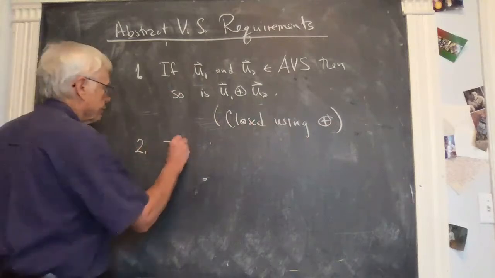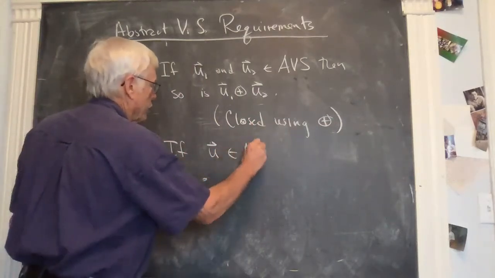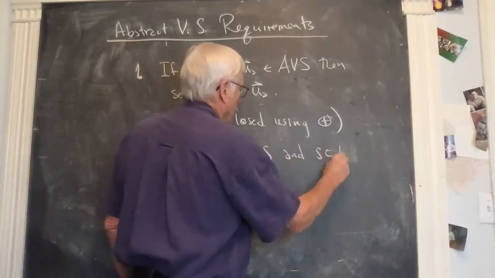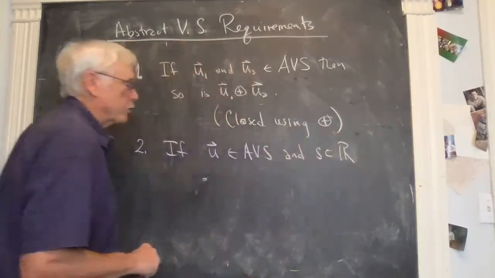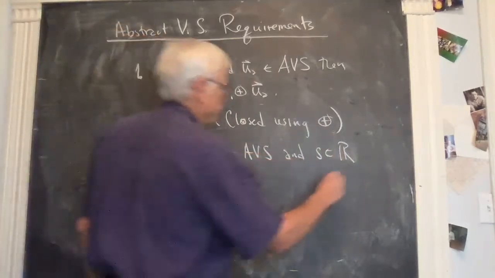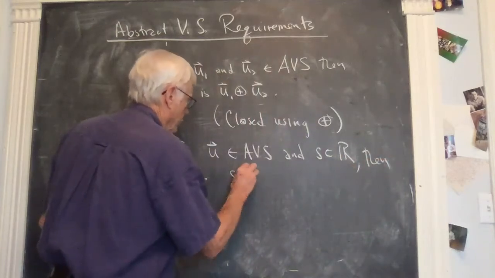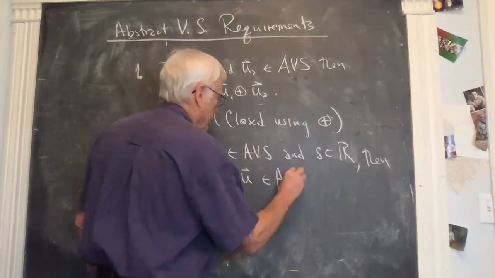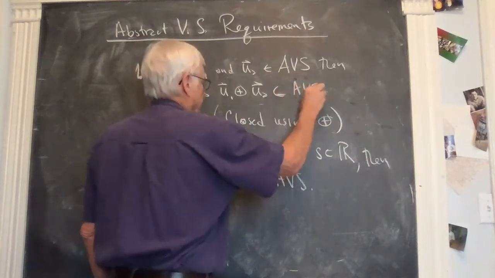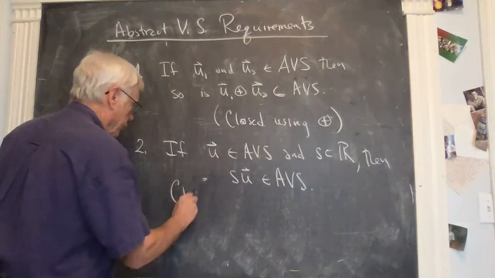Secondly, if U is one of the elements of this abstract vector space, and S is any real number, so they're connected with real numbers by these scalars, then S times U is also one of the elements of the abstract vector space. And this is called closed using scalar multiplication.